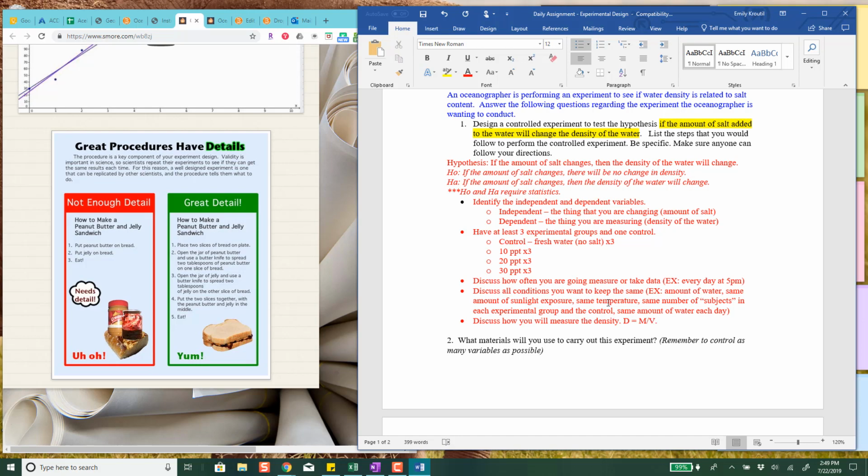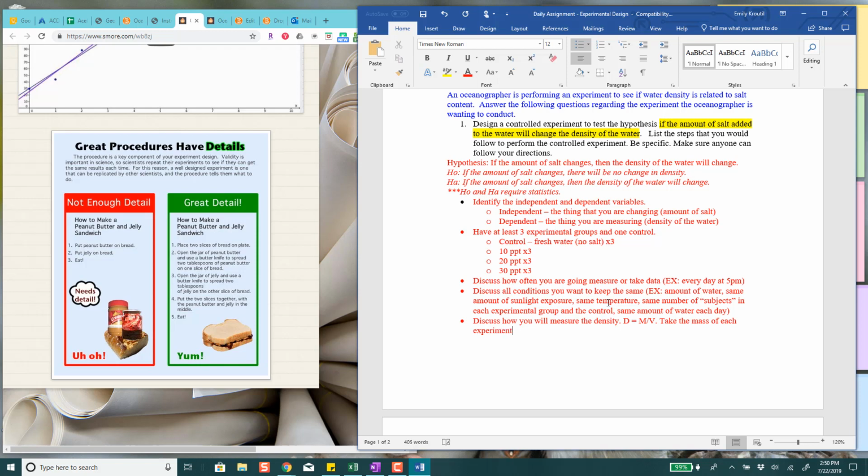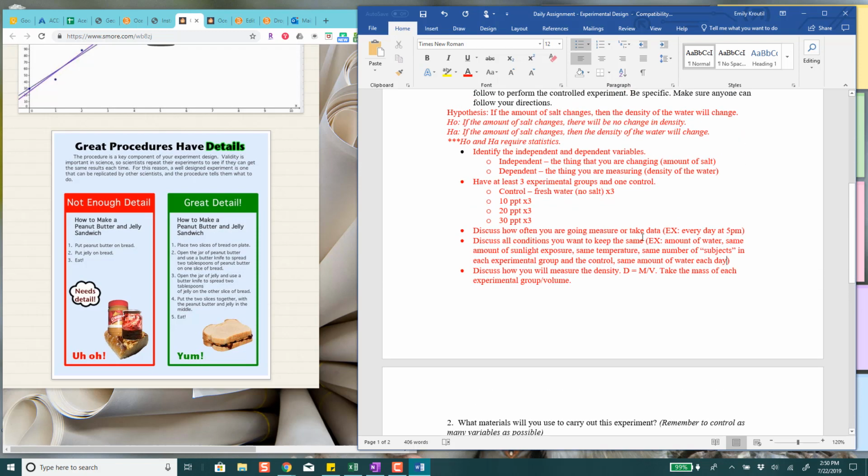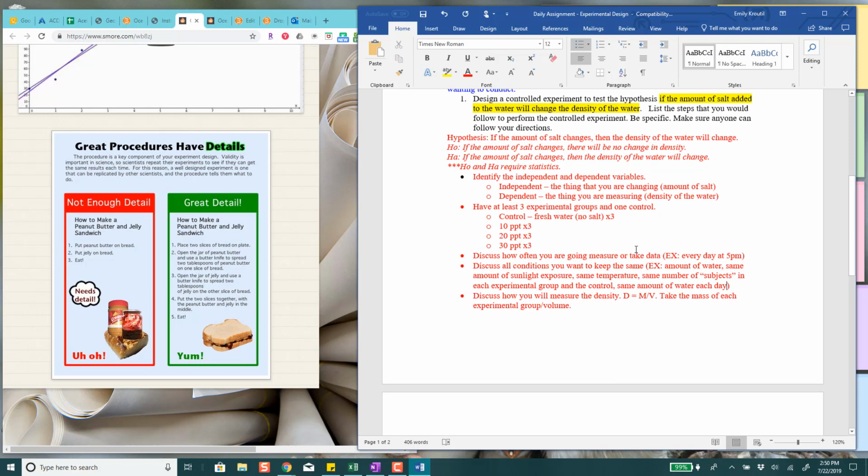Okay, so for this one, you could take the mass of each experimental group and divide it by the volume. And the volume you should know, because you would want each of these to have the same amount of water, right? 50 mils, whatever it is. Okay, so those are things you're going to keep in mind when you're making your procedure.